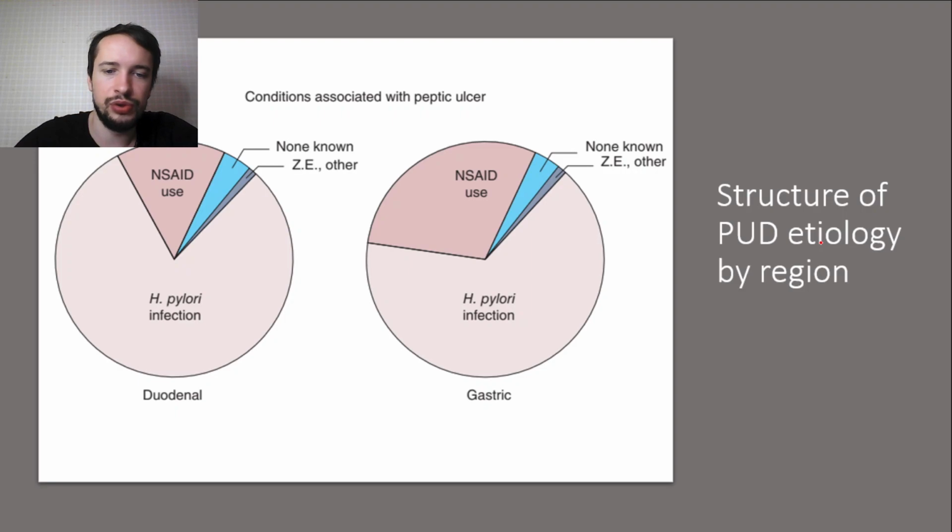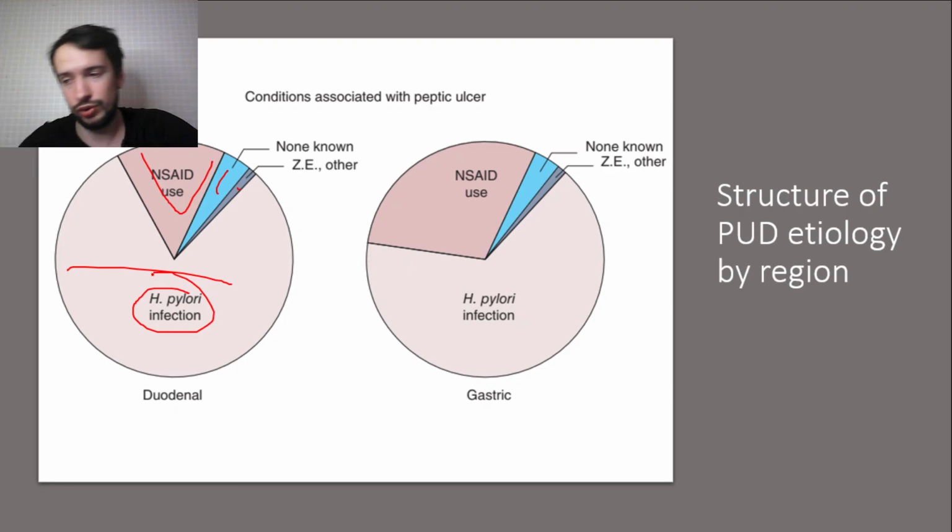Structure of PUD, etiology by region: Helicobacter status, non-known, and others. If we talk about duodenal ulcers, the most common cause is Helicobacter.